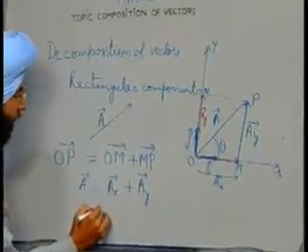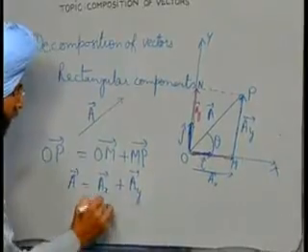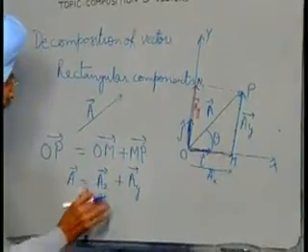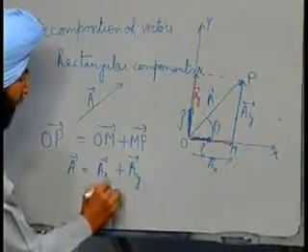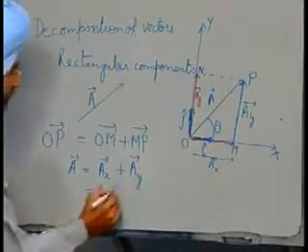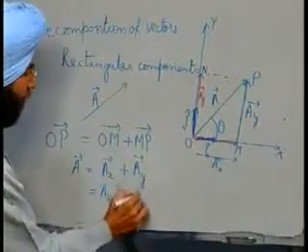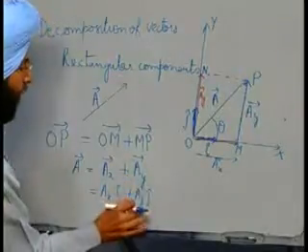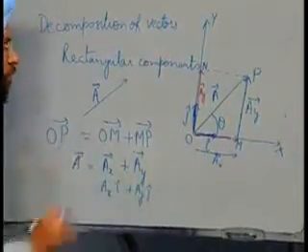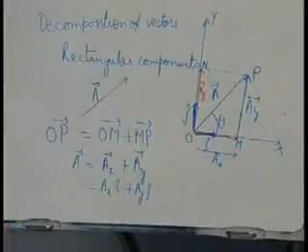Now, as AX is along x axis, if we write its magnitude AX, we can write the direction by i unit vector. Similarly, AY vector is written as magnitude of AY multiplied with unit vector j along the y axis.